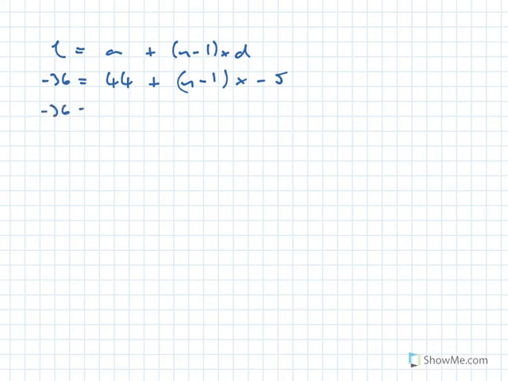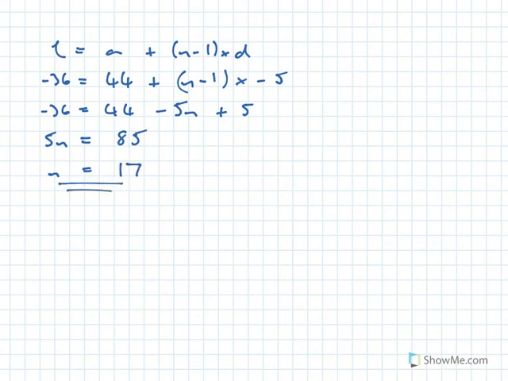So we've got -36 is equal to 44 minus 5n plus 5, if we expand that bracket out, which gives me 5n if I move the minus 5n across. If I move the -36 across, I'm going to get 80, and if I add the 5 on, I'm going to get 85. Let's double check that. Looks fine to me. And if I divide through now by 5, I should get 17. So there's 17 terms in the sequence.